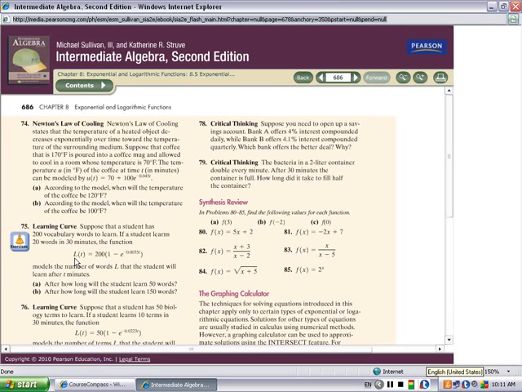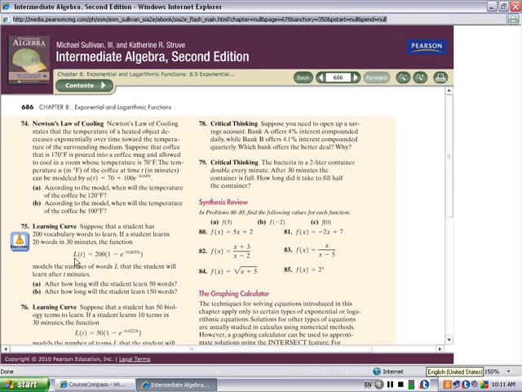Now back to this. This is a model for how many words you can learn in t minutes. Am I correct? And I said already, this is just a specific learning center. And we want to find out after how many minutes you can learn 50 words. So it means I want to find out when the function will equal 50. You want to solve this for t. This is a function. The longer time that you learn, the more words you will learn.